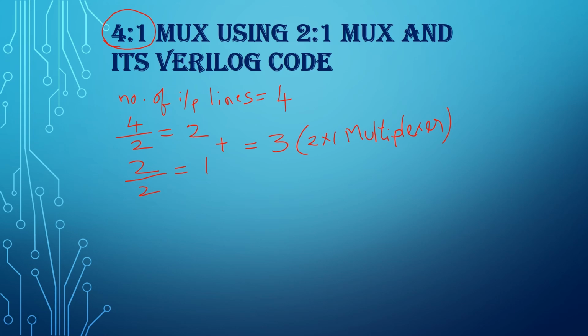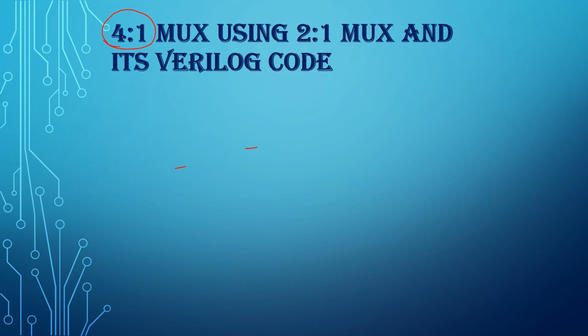Now let's draw the hardware circuit. So this is a 2x1 multiplexer, and this is another 2x1 multiplexer. Here the input lines are I0, I1, I2, I3.